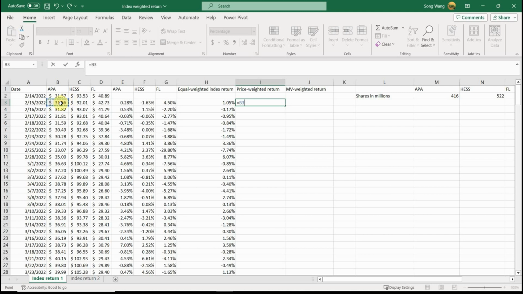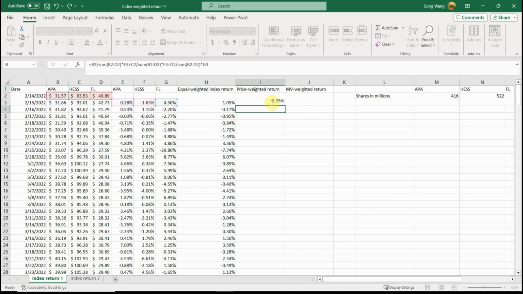I'm going to use APA's price, the price of the previous day, divided by the sum of all the prices, times APA's return in the current day, plus the next stock's price divided by the sum, that's the weight, times its return. You're going to do the same for the last one, Foot Locker: price divided by the sum, then multiplied by Foot Locker's return.